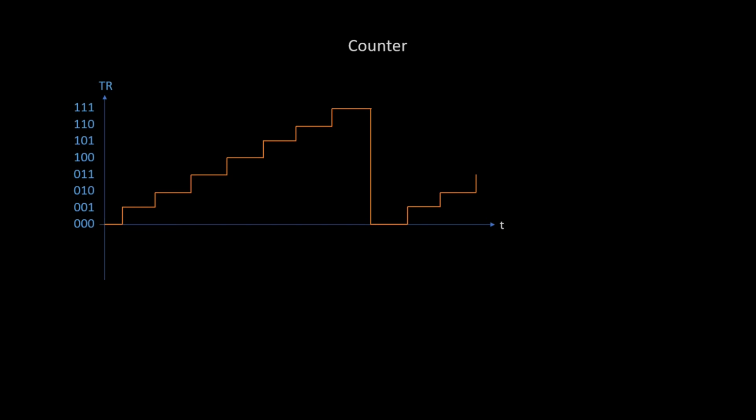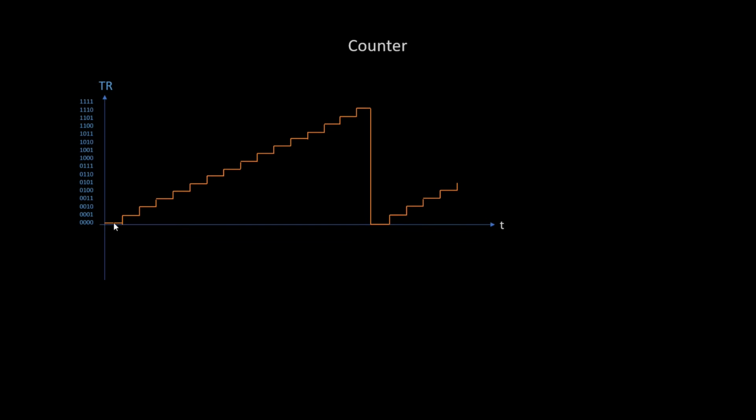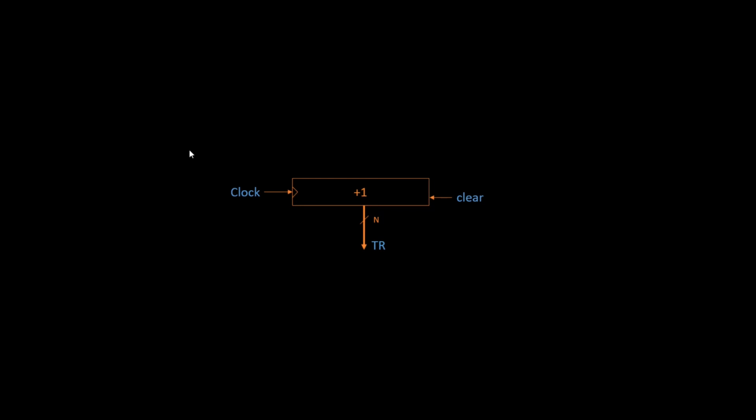If I use more bits in this counter, this stairway will be more fine-grained. This is only for 4 bits, but if I use 16 bits, this stairway is so precise that I'm not going to draw a stairway anymore. I'm just going to draw a line, okay? And I'm going to count from 0 to 2 to the power of n minus 1.